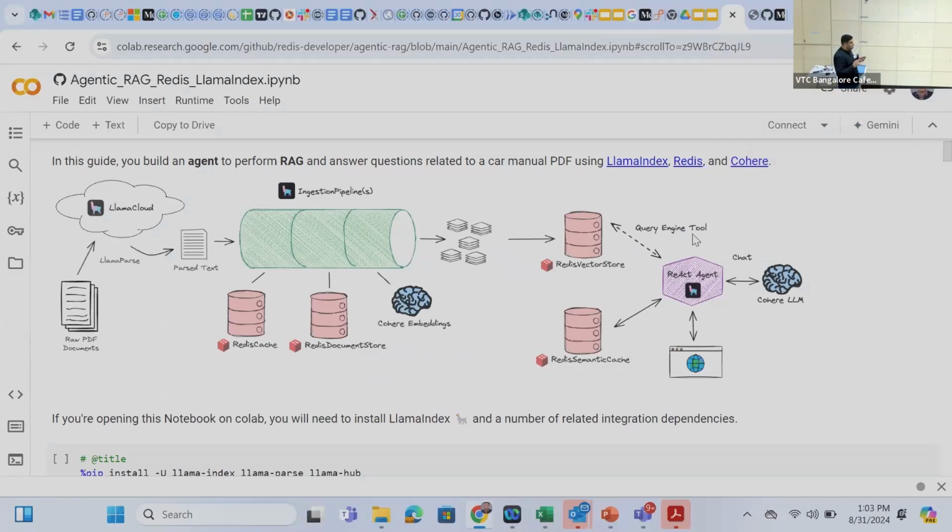And if you see this pipeline that I have made, this entire notebook will use LlamaParse. Now, what is LlamaParse? LlamaParse is basically a library which you can use to parse many PDF documents. Once you have parsed your documents, you have an ingestion pipeline, which will cache those documents, cache your important information, and even have the embeddings created out of those.